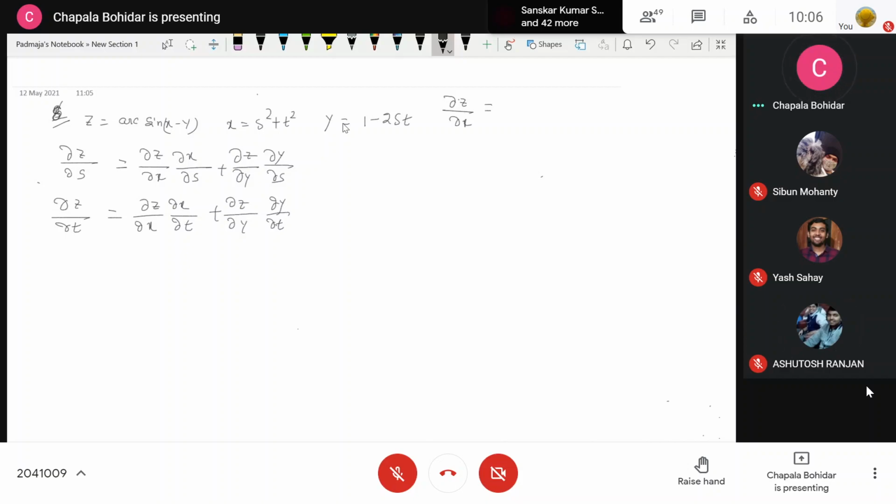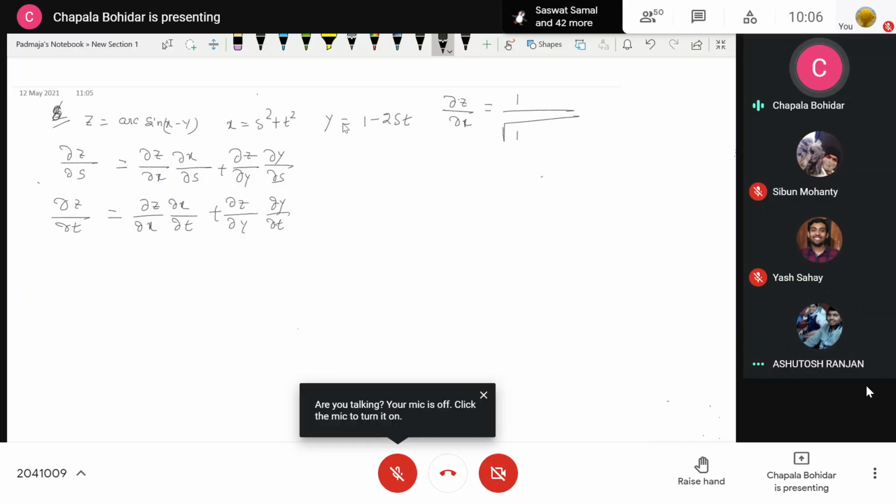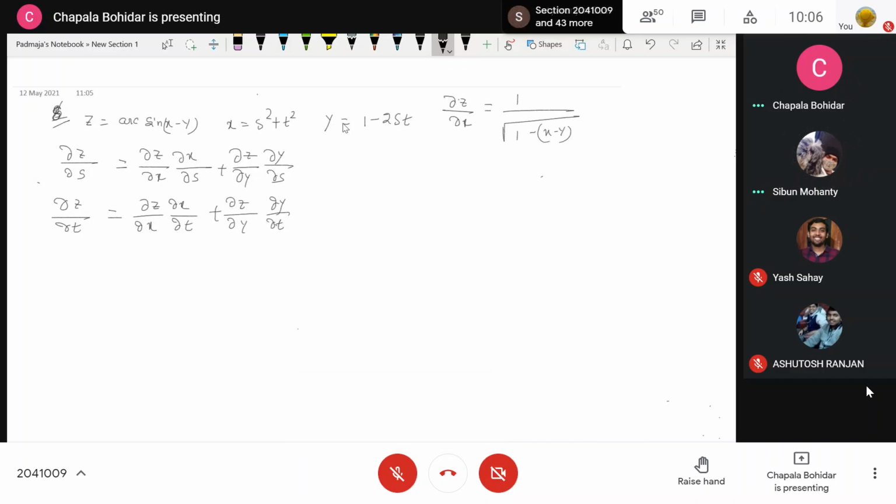So it is 1 by root under 1 minus x minus y whole square. Then derivative of this is 1. Clear? So we get del z by del x is this one.